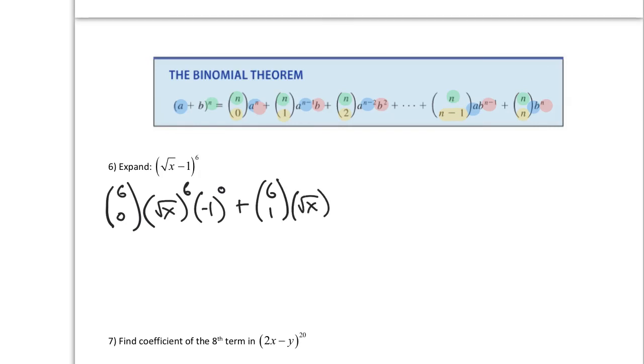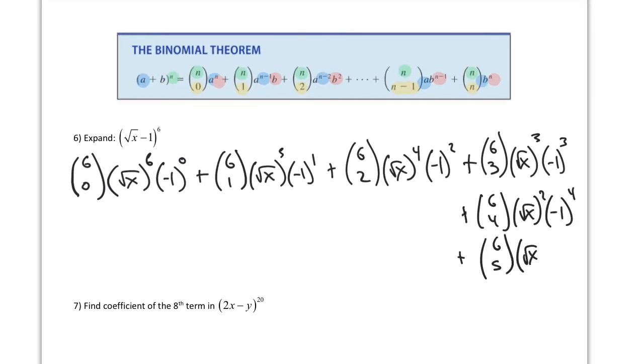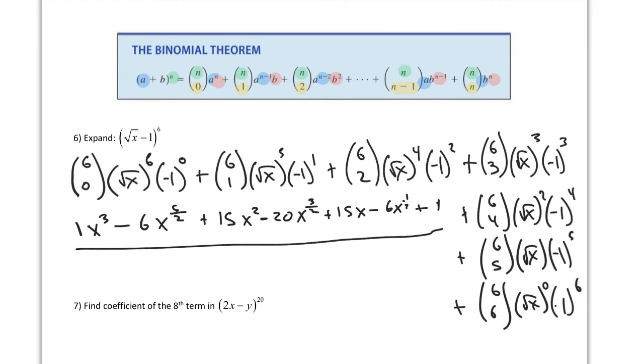Root x to the 5th, negative 1 to the 1st. So you can see that's what we get for our answer there after we simplify that all out.